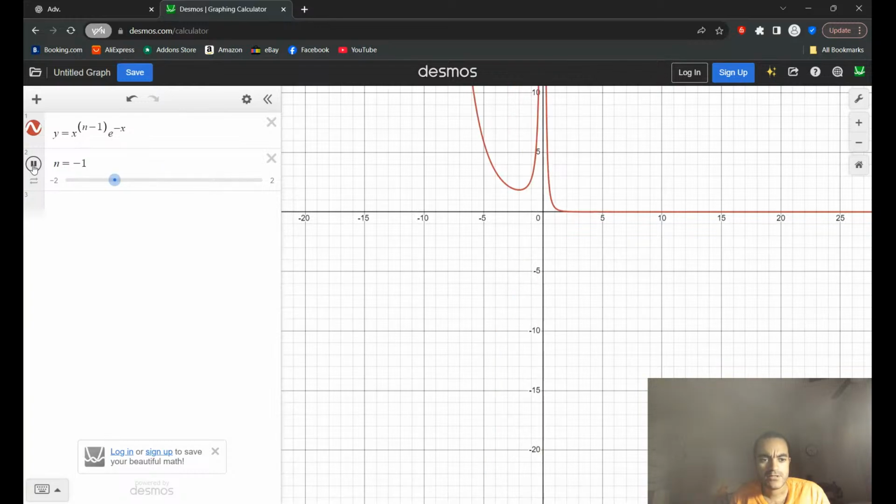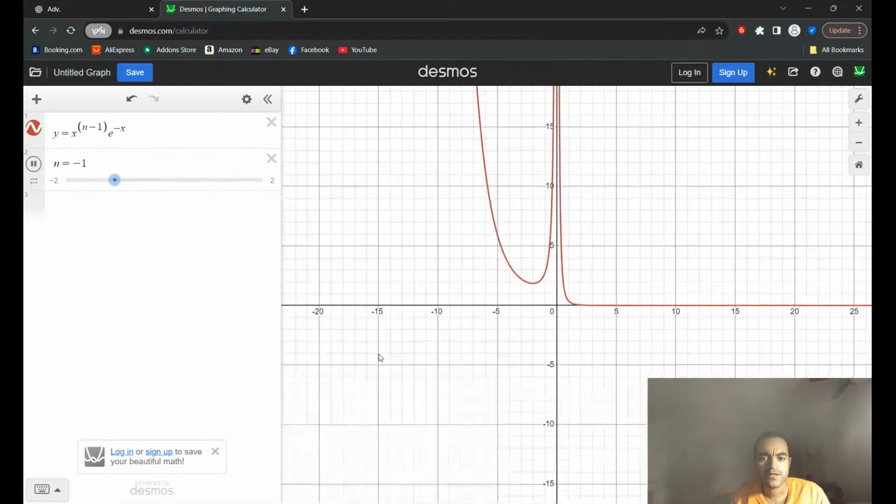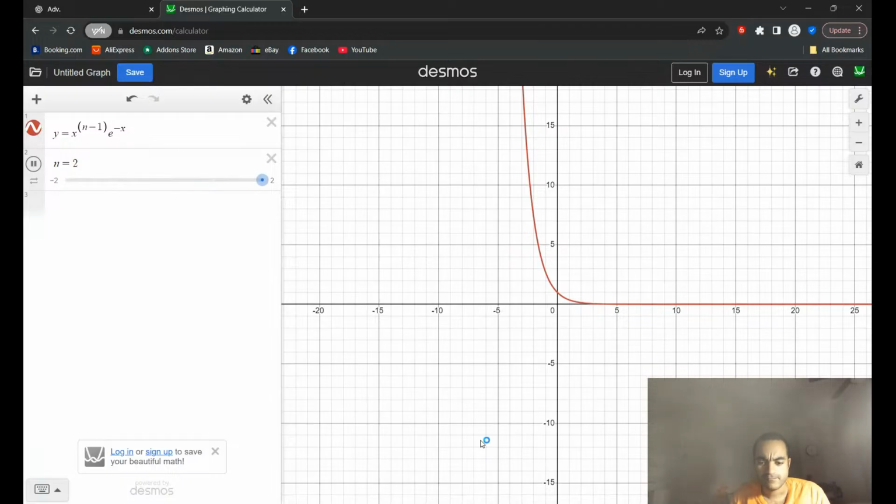So can anyone tell me the interesting behavior of the function? What's going on with the function here?